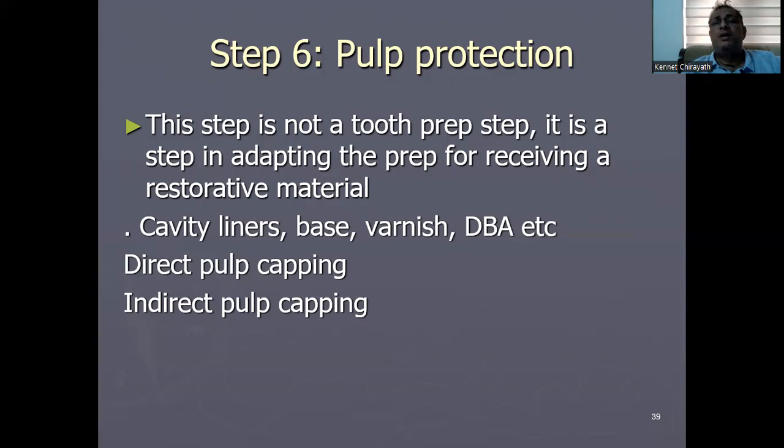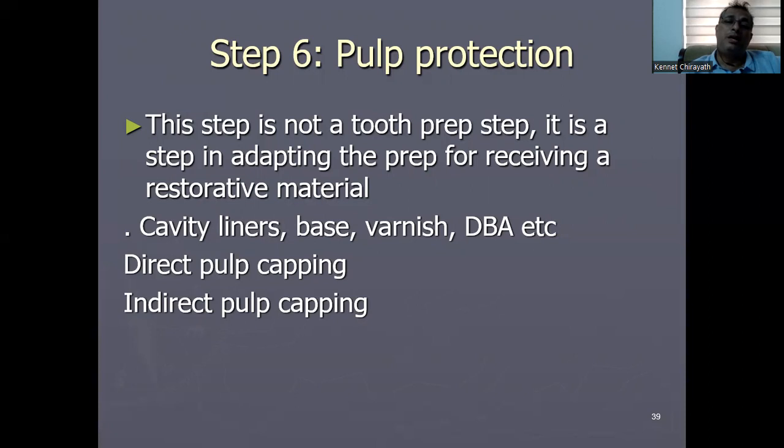It will reduce the pain. It also helps in the formation of secondary dentine, and calcium hydroxide also helps in the formation of secondary dentine. So the material should be used according to the clinical condition of the tooth.